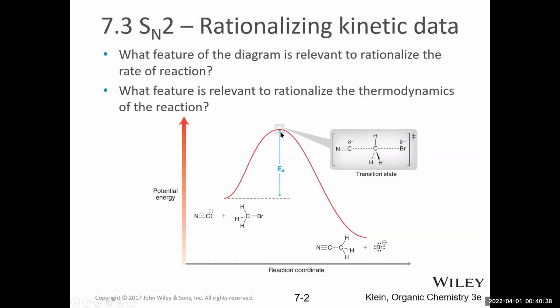If there was more steric hindrance, the transition state energy would go higher. Right? So then the red line would have to go up much higher. So that's why we see a difference in the rate. So recall that it's activation energy that we're looking at to rationalize the rate. But if we were talking about the thermodynamics of the reaction, that would be the difference in energy between the reactants and the products. And this one is an exothermic reaction.